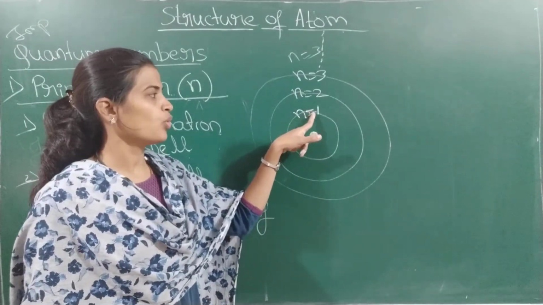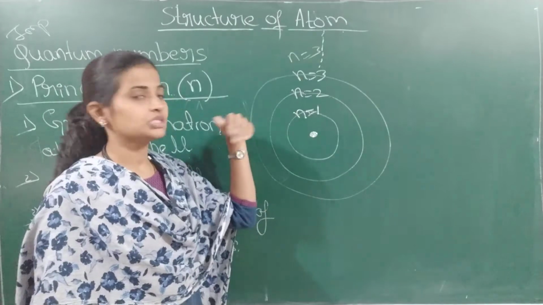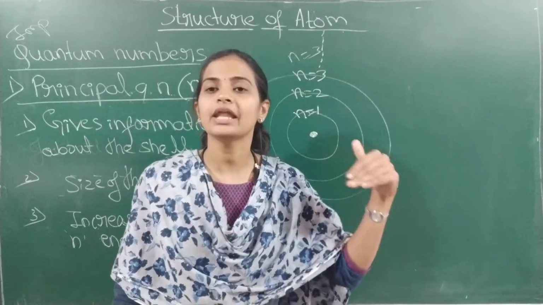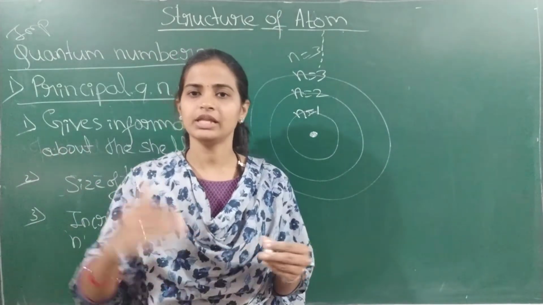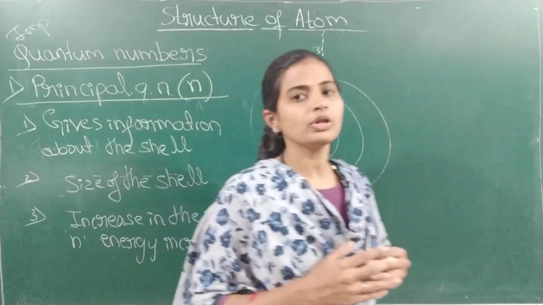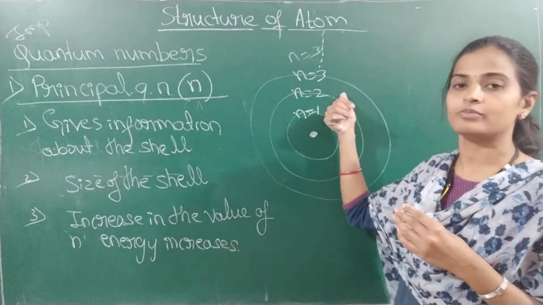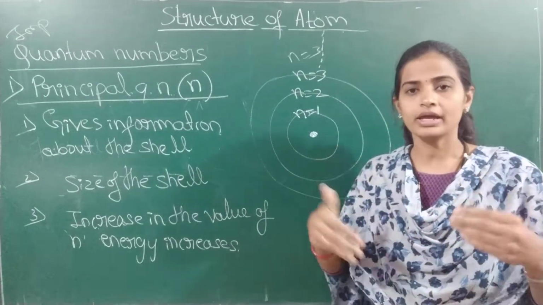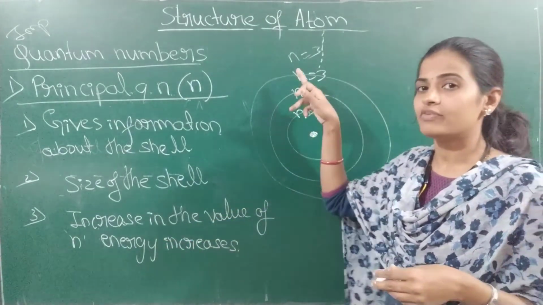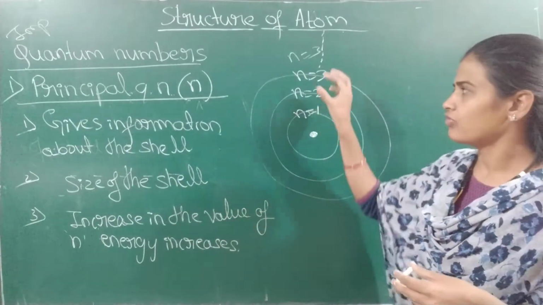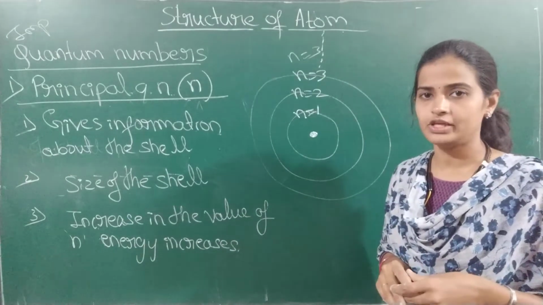This shell has more energy than this one, because as the number of shells increases, as the n value increases, the electron has to move far away from the nucleus. Yes or no? Therefore, it requires more energy to separate the positively charged nucleus from the negatively charged electron. It requires more and more energy. Therefore, as the value of n increases, its energy increases. So this value of n also gives the information about the energy of the shell.